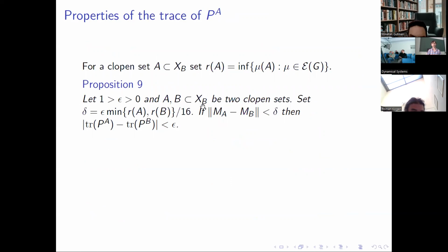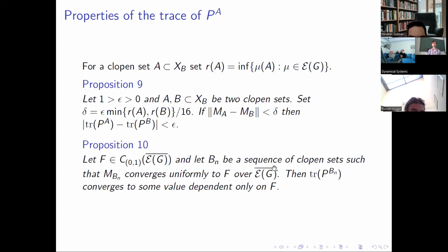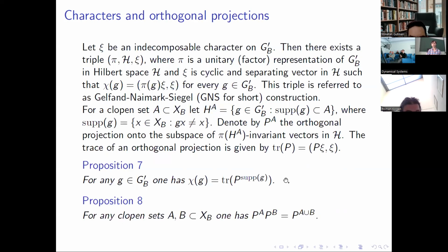Here are some technical details, but basically this proposition tells us that if we have Koopman sets A and B such that the ergodic measures are close correspondingly, then the traces of these orthogonal projections P_A and P_B will also be close.